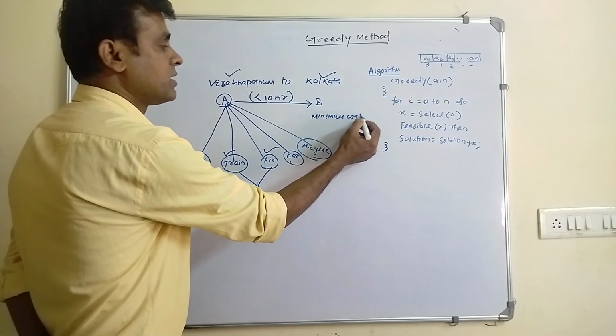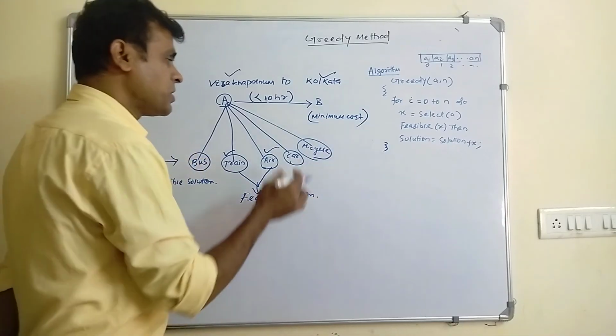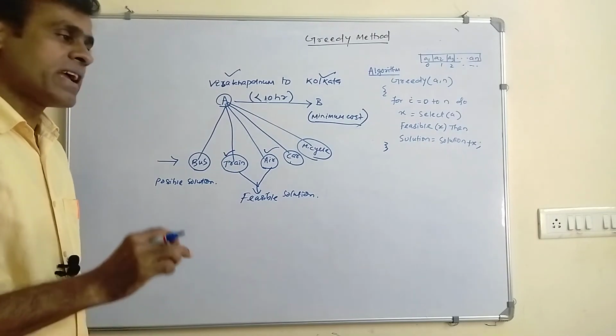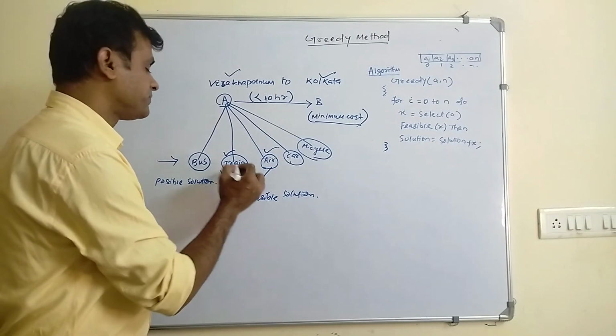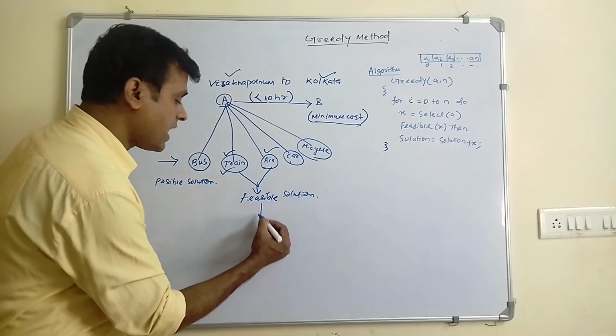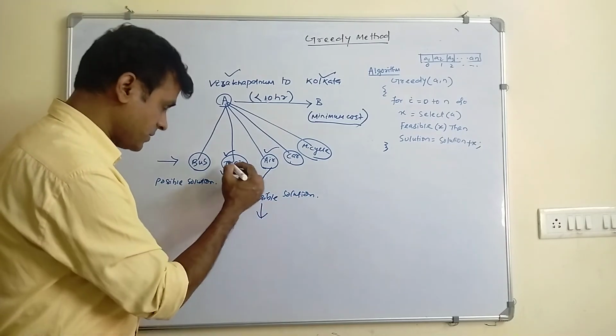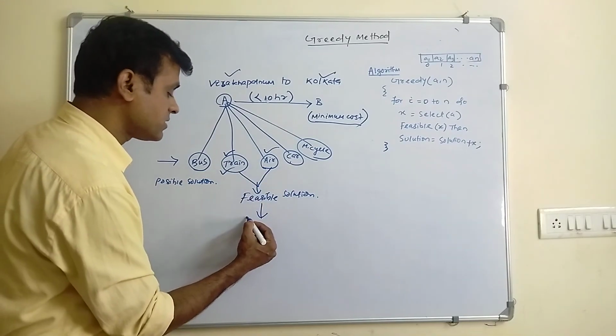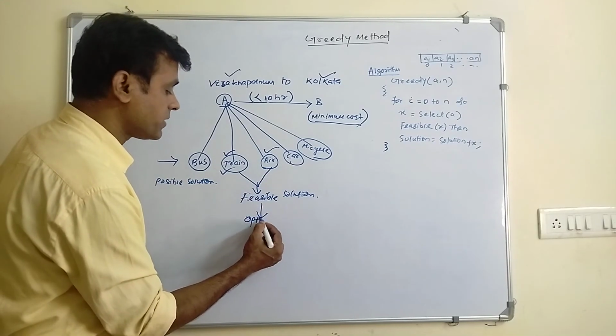Here this constraint is added to my problem. That means I have to choose the train. Out of these two feasible solutions, I have to choose one solution, that is called an optimal solution.